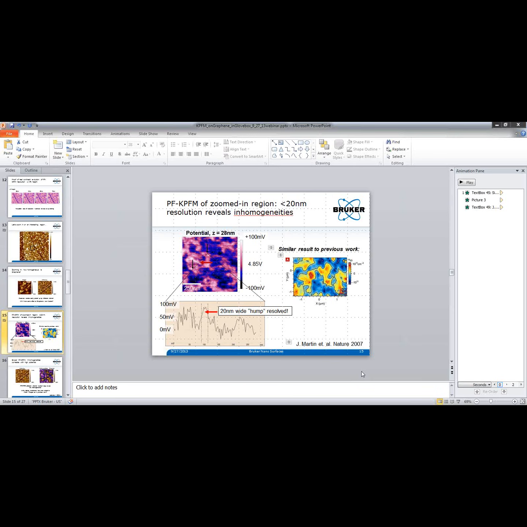I don't know how thick of an insulator you can put on there and still measure the underlying graphene. I guess the lift mode is an answer for that, because if you're still seeing the charge puddles at that lift height, then with an insulator of that thickness you'll still be able to see it. But yeah, there are ways of doing that.